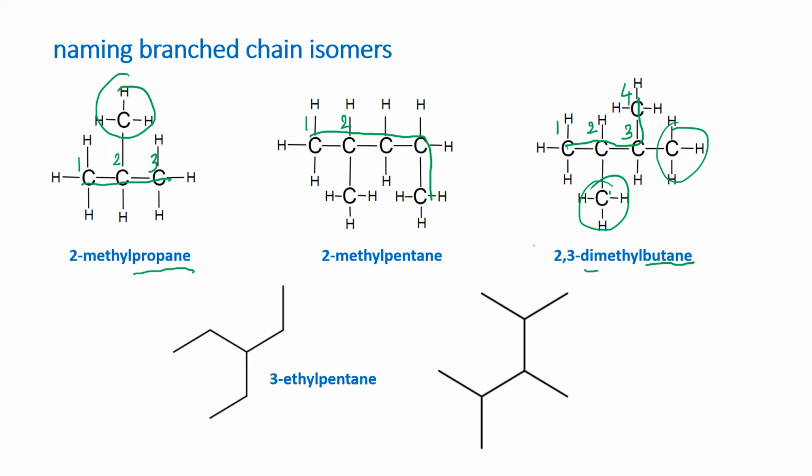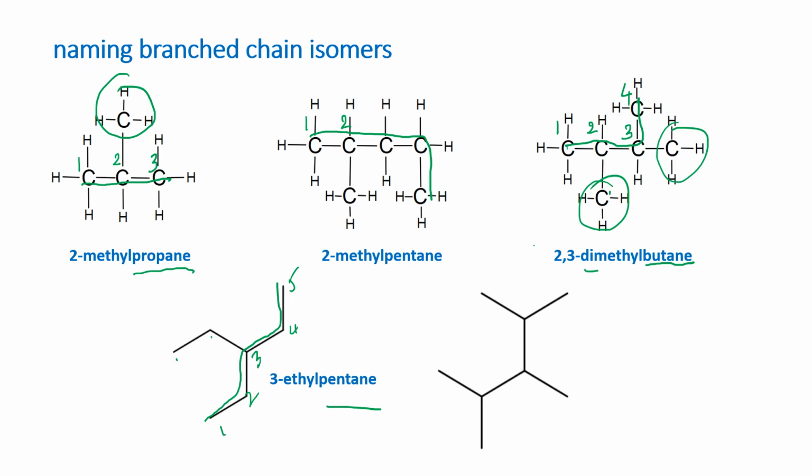So 3-ethyl pentane. The key to this is identifying the longest continuous chain. 1, 2, 3, 4, 5 carbons. So that accounts for pentane. That's the main stem. On the third carbon, I've got 2 carbons as my side group.